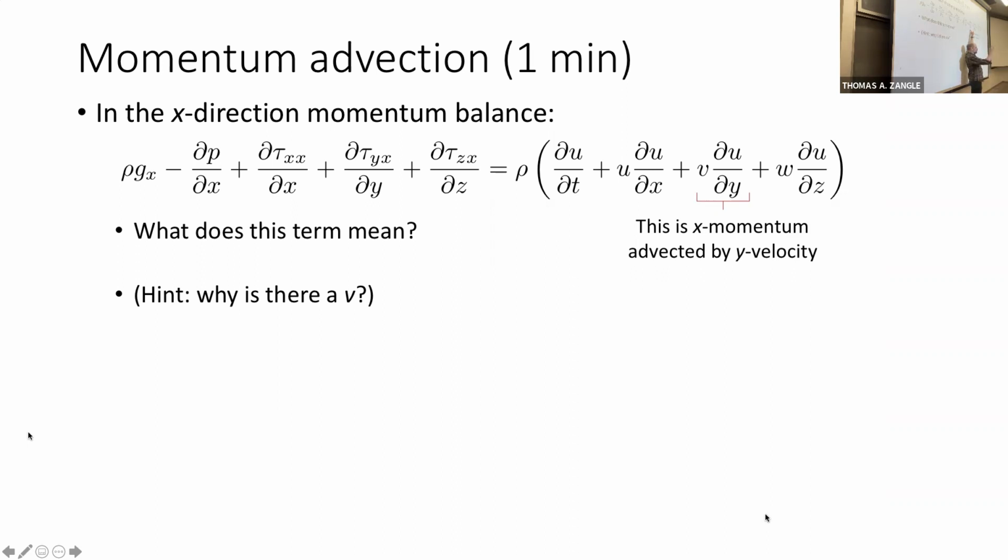X momentum advected by x velocity, right? This is the one that people don't tend to have much trouble with. But again, watch out for these. When you're writing out the terms of this expression, these are the ones to be careful about. And again, this is exactly analogous to what we saw in the control volume form. All right, any questions on this?